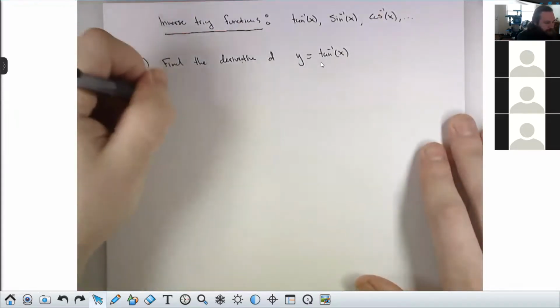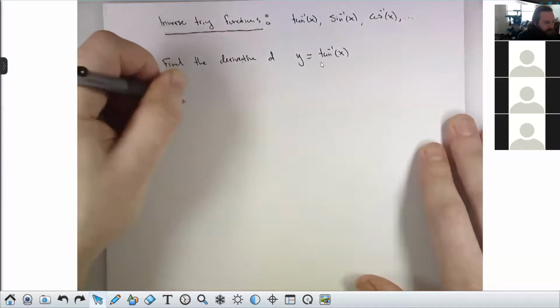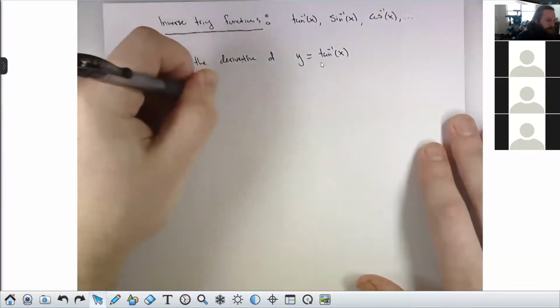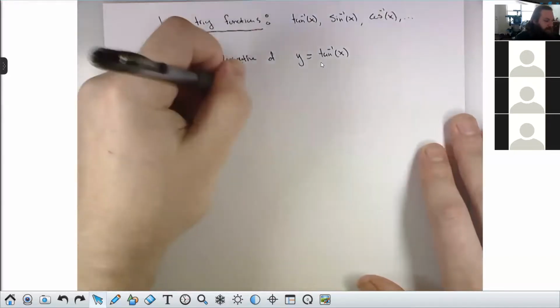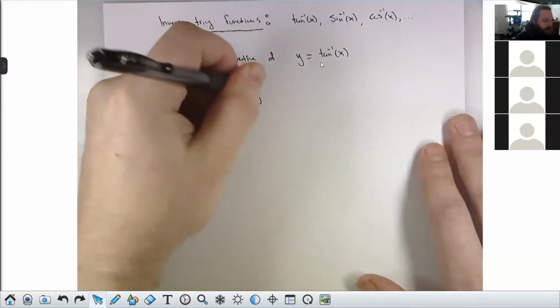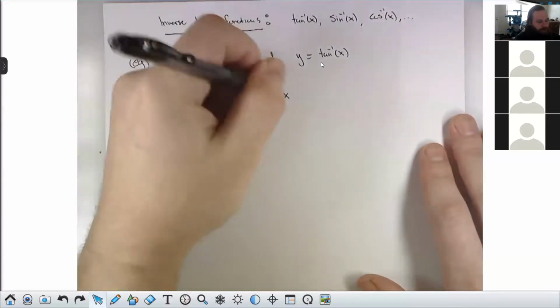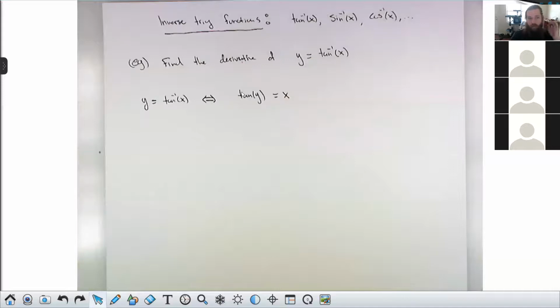y equals the inverse tangent of x is equivalent to saying that the tangent of y is equal to x. There is a domain restriction going on here, right? This is actually only true if y is between negative pi over 2 and pi over 2, but that doesn't have any effect on what we're going to do, so I won't write it down.